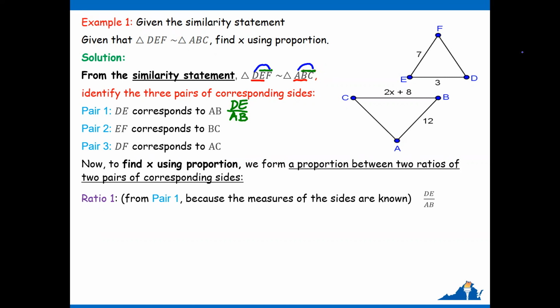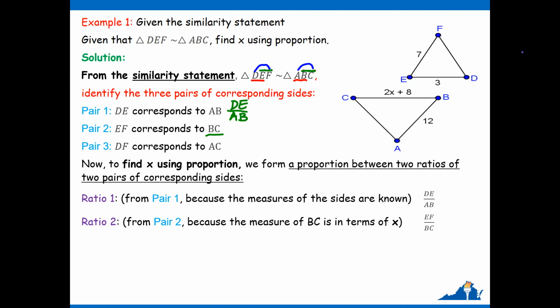We want to find x, and x is in the measure of segment BC. Therefore, BC has to be there. At the end, for our ratio number 2, we go to pair number 2, where BC is present, because x is involved in BC.